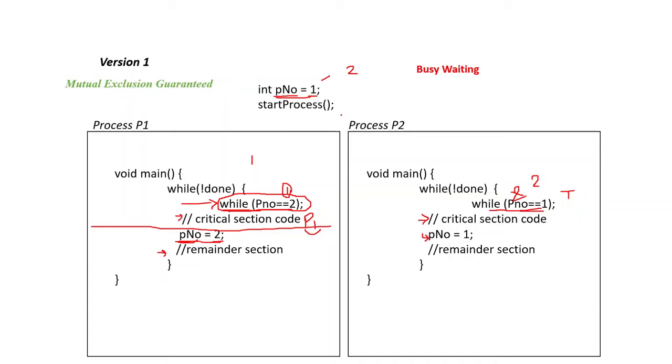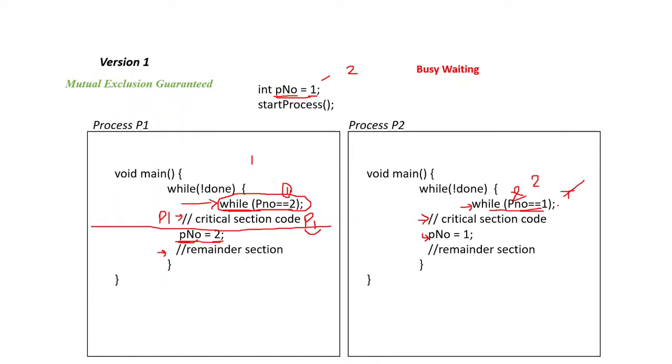Now, if P2 tries to enter into the critical section, even when P1 is not in its critical section, since the value of this p number is set to 1, P2 will be stuck at this point. Even when there isn't any process in the critical section, P2 will need to wait.